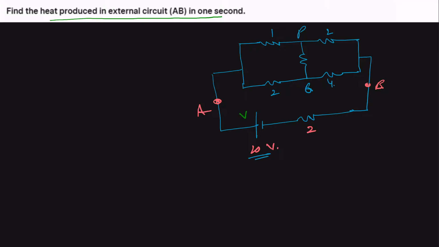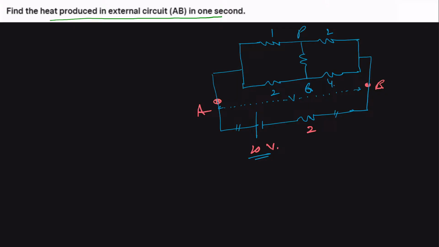Let us assume that here between this point A and B we connect a voltage source of V. For the time being, we are just going to ignore this part.